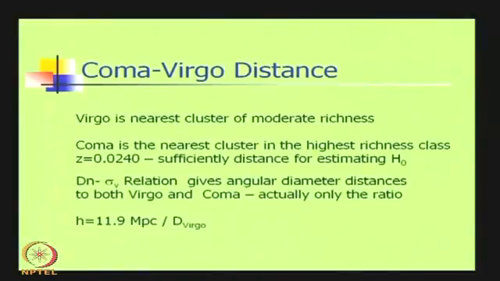The Virgo cluster is the nearest cluster. It is a cluster of moderate richness, so it does not have very many galaxies. Clusters of galaxies have been classified into different richness classes, and Virgo is of modest richness.